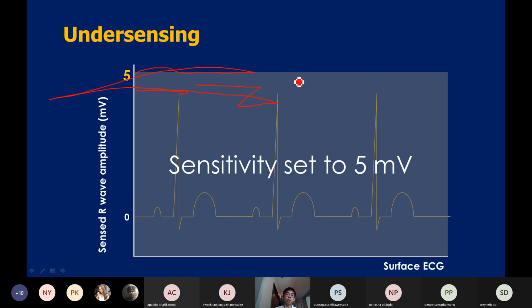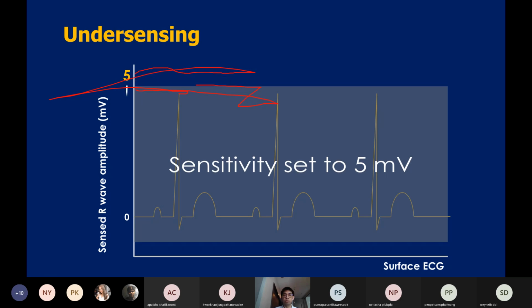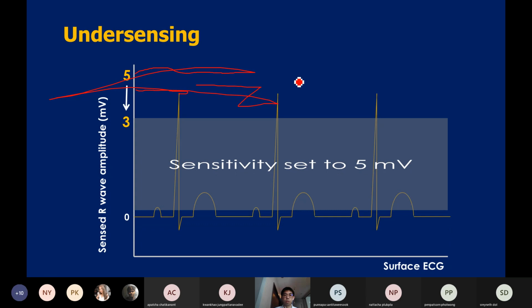So how can we correct this? We have to set the threshold lower, to 3. So we lower the number, and after we lower the number, there is some intrinsic rhythm that the pacemaker can see here. Okay, do you understand this?